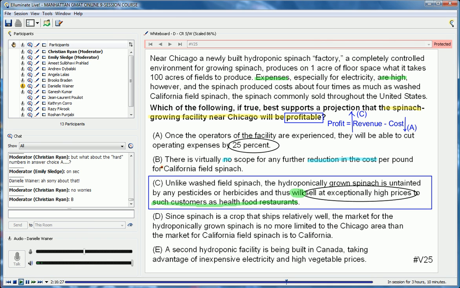Okay, I did say it was unrelated. I think it's irrelevant because whether or not California field spinach can get cheaper, it doesn't affect the conclusion that the Chicago facility would be profitable.